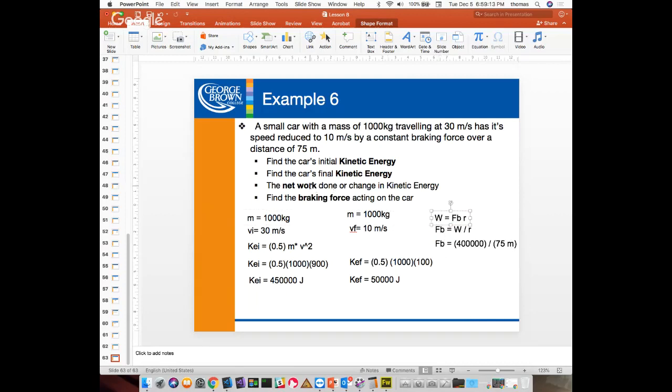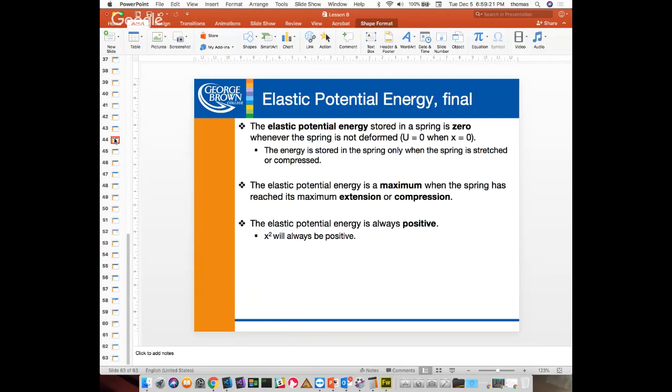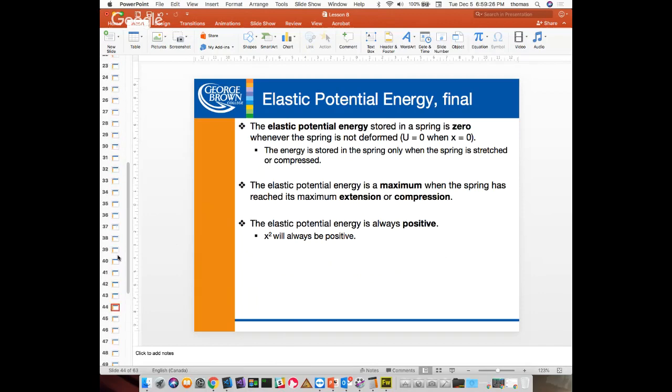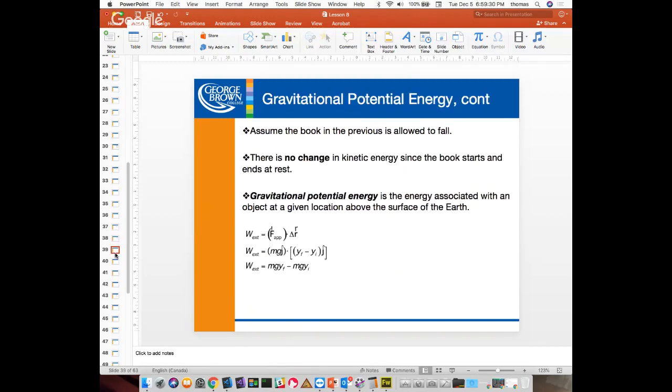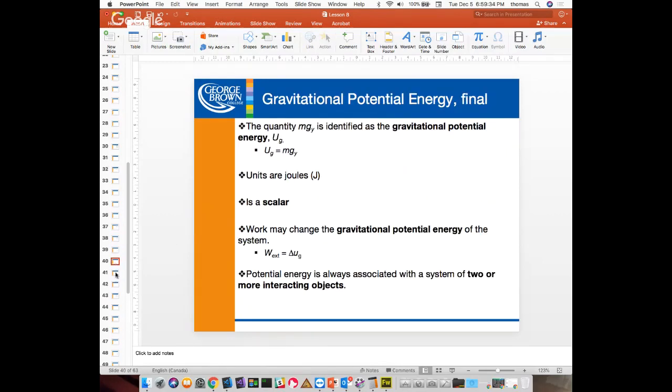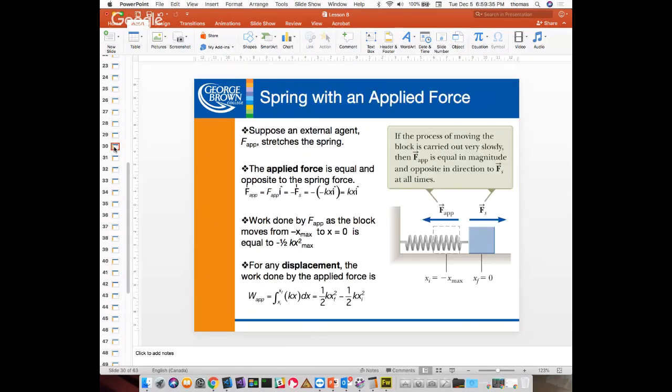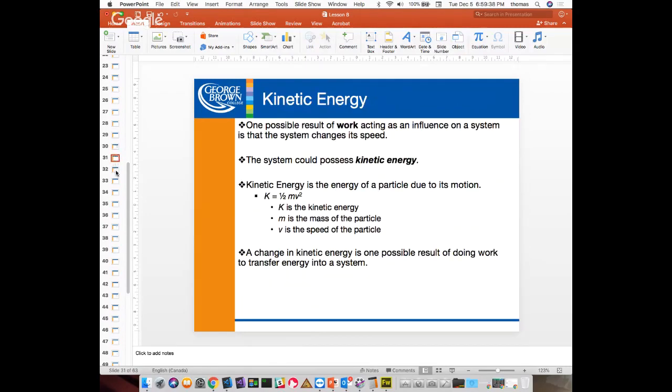And how do we find this net work done? How did I find this W net? Well, if you go back to the PowerPoint for a second, up in the top here, we've got potential energy, and we've got the equations between work and kinetic energy. Where is that? That's gravitational potential energy. I think it's further up. This is a kinetic energy thing.